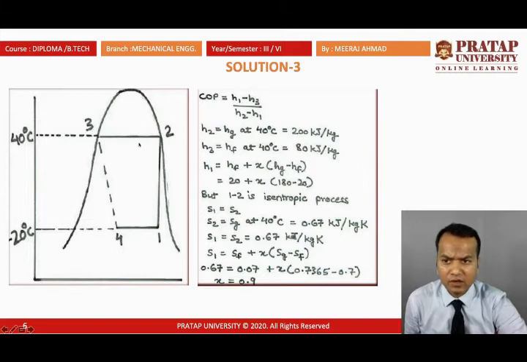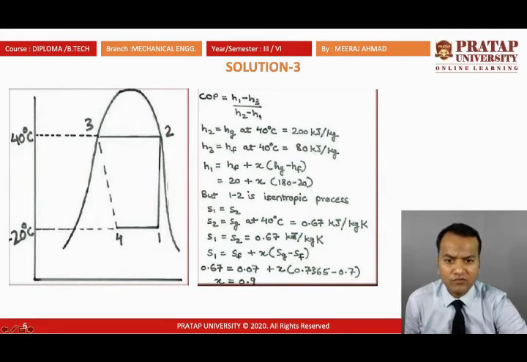H3 is already known because you can find the HF value at temperature 40 degrees Celsius from the table. Then H2 is also given in the table, which is the Hg value at temperature 40 degrees Celsius. So, first you find the value of H1.